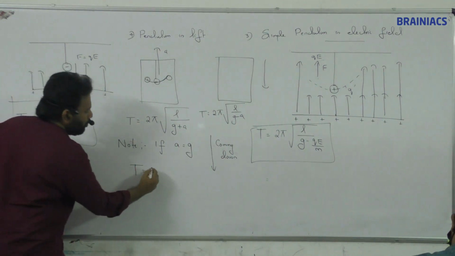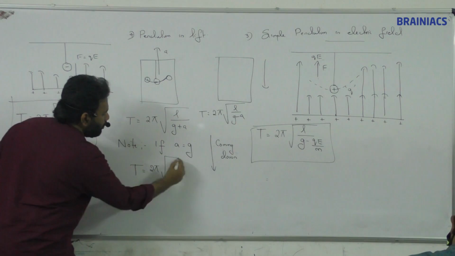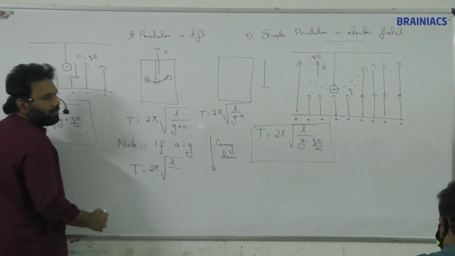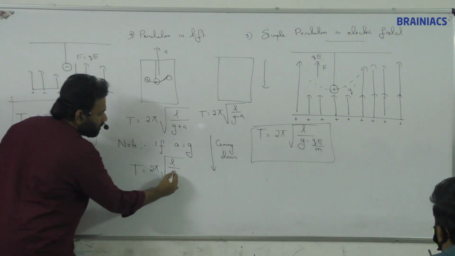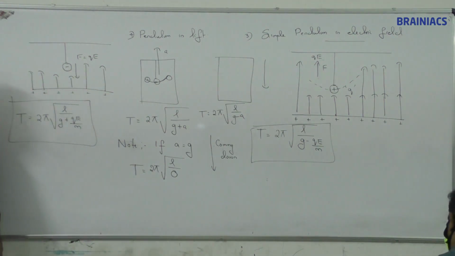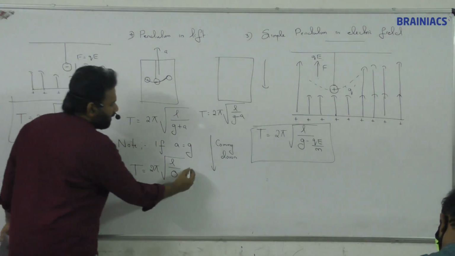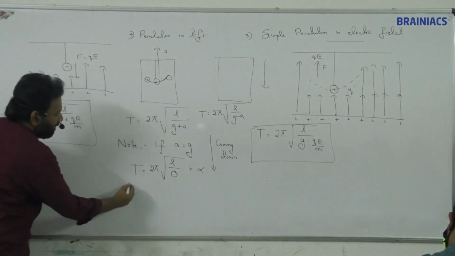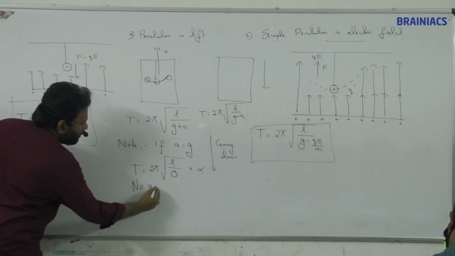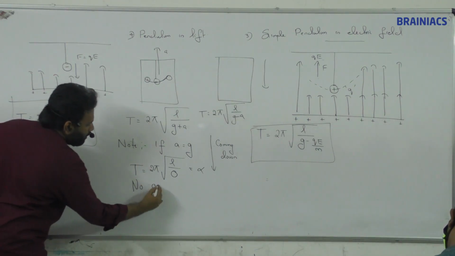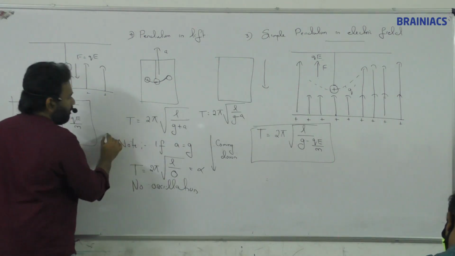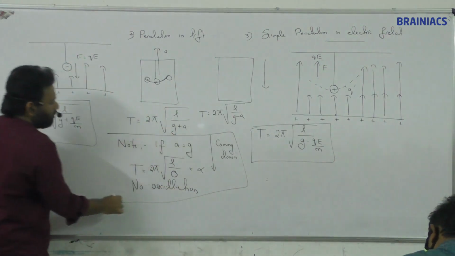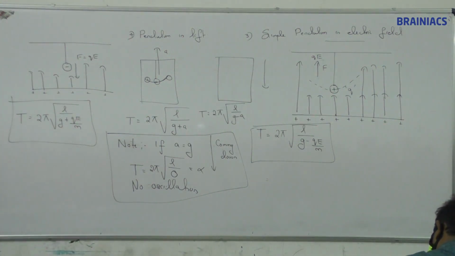T is equal to 2 pi into root of L by G minus G. So this is going to be 0. So we will be getting the time period as infinity, meaning no oscillation. If it is coming down with acceleration due to gravity, the simple pendulum will not oscillate.